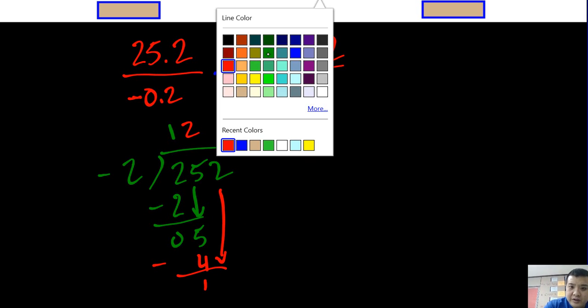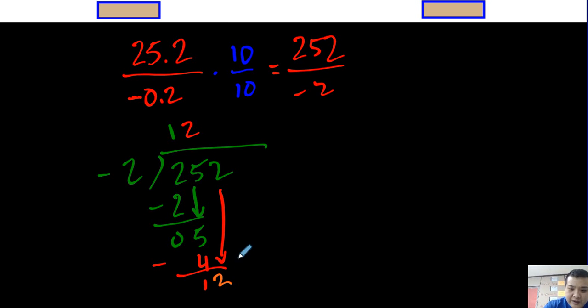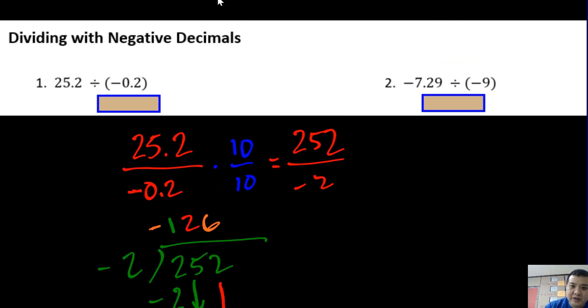Let's use a different color, orange, why not? And we find that it goes in 6 times. And then remember that this is going to be a negative answer because we're only having 1 negative in our problem. So therefore, our final answer is negative 126.